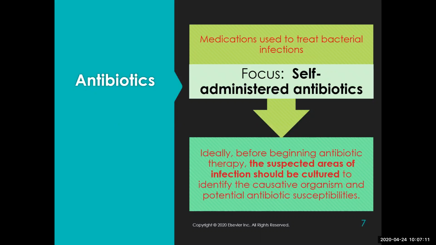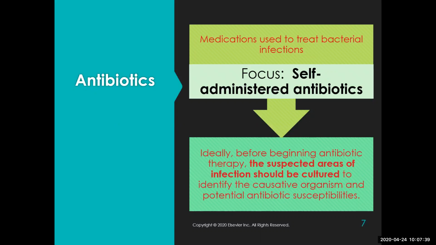We ideally always want to know what is causing the infection before we give an antibiotic for it, because you want to make sure you're actually killing, or controlling the growth of, the right bacteria. And for the most part, clinical presentation and the site of infection help practitioners suspect the cause. It's pretty much a UTI.